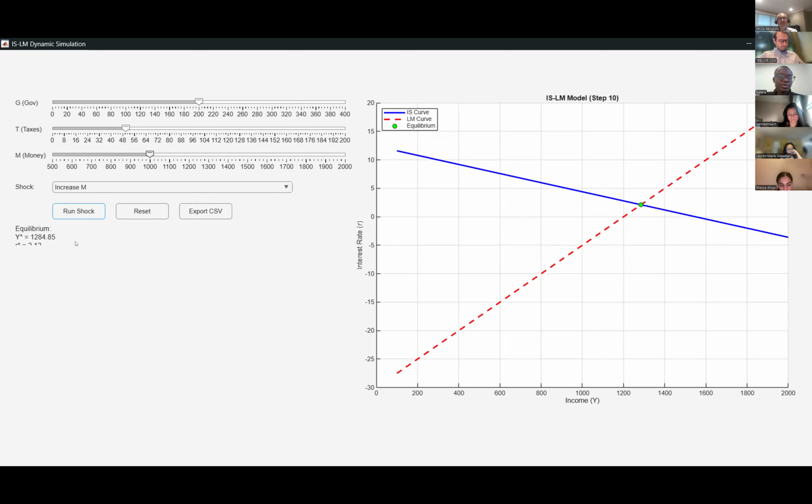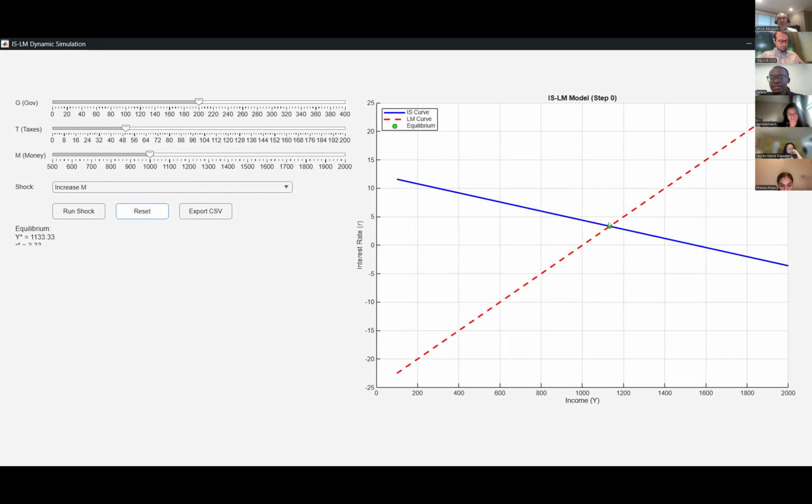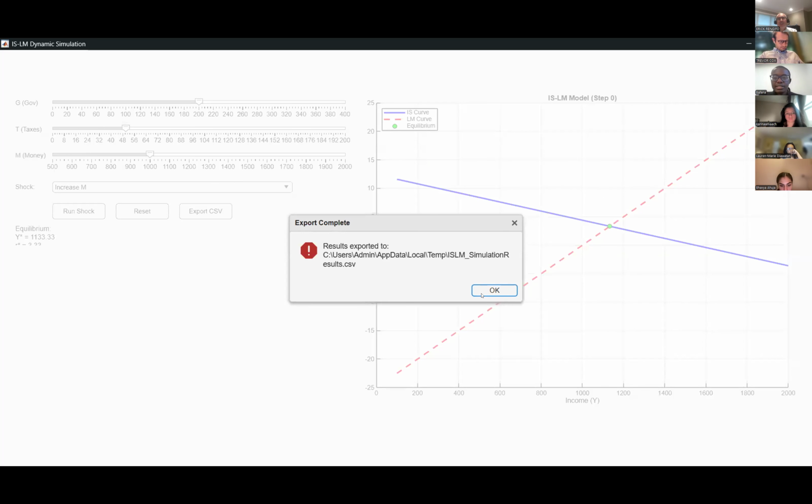And I can also change here if I like, and it will do the same thing. Then if I want to go back to the initial equilibrium, I press the reset button, and it takes us back to the 3.3% and the 1,133. And also you can export into CSV, right? Yes, we can export to CSV.